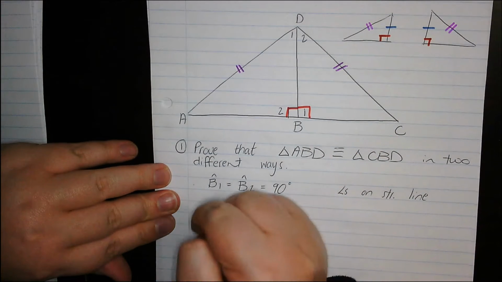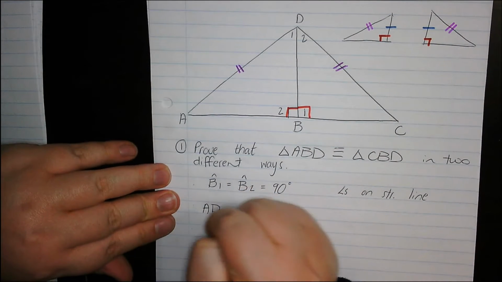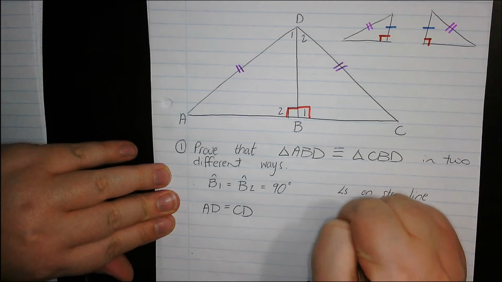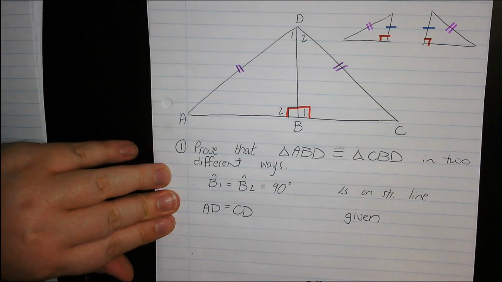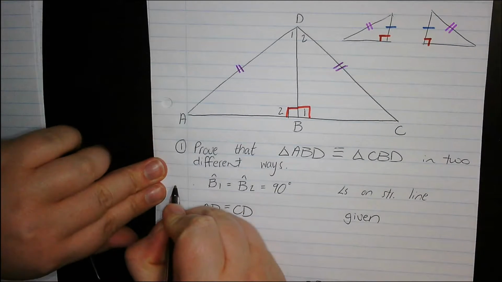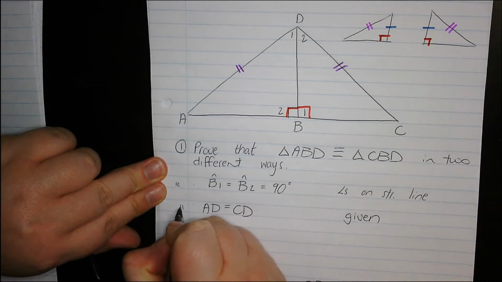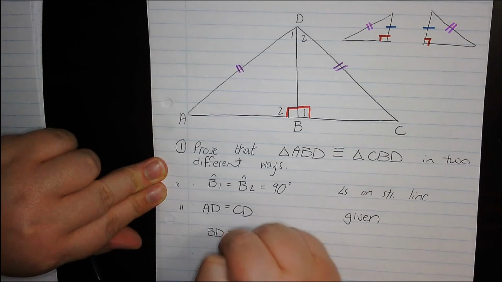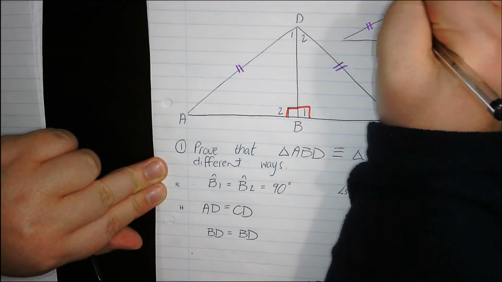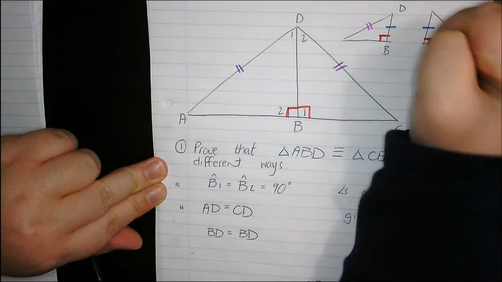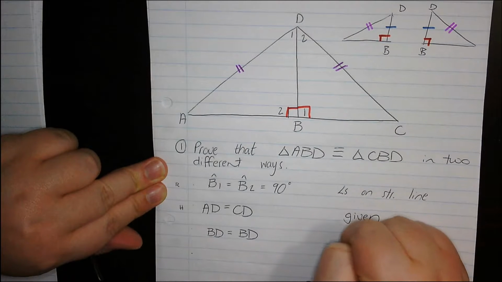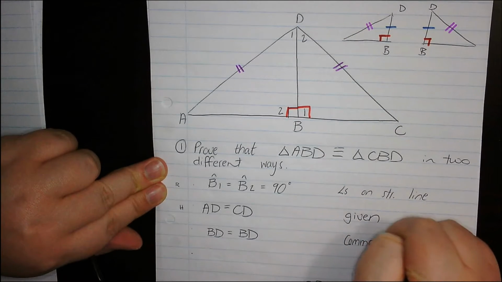Then we said that side AD is equal to side CD. That was given. And those are the hypotenuses. So we have right angle, hypotenuse, and then we said that BD is equal to BD because this is BD there and this is BD there. It is a common side.